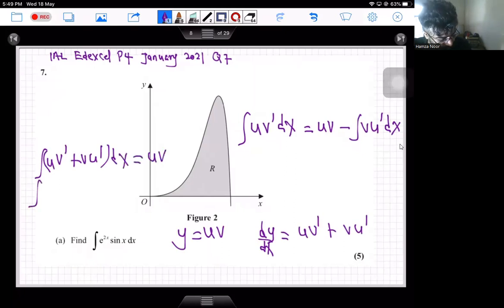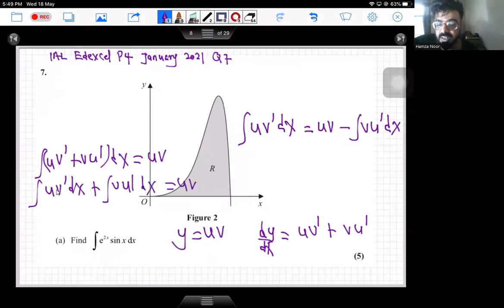So this is integrating uv dash with respect to x plus integrating vu dash with respect to x, which will exactly give you uv. We are making integrating uv dash with respect to x the subject, so this will give you uv minus integration of vu dash with respect to x.